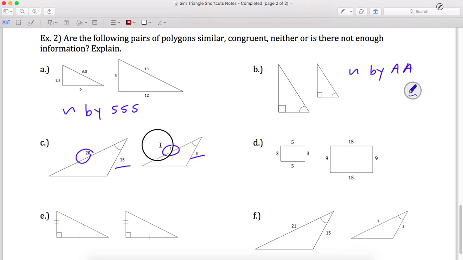They're not similar because these two side lengths doubled, but then the other ones tripled. If we really truly drew it out to scale, we would be able to see it clearly in person that these two triangles really would not have the same shape. So we'll say neither, they're not similar or congruent, and our explanation there is that the sides aren't proportional.